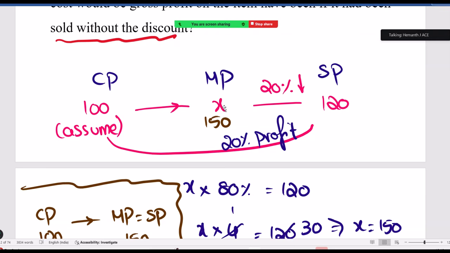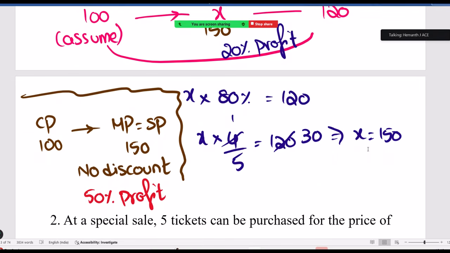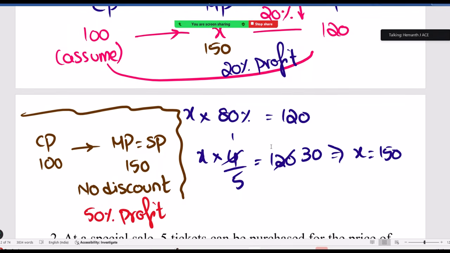Then I calculated X from the marked price, also called the labeled price. From here we give a 20% discount, then the selling price is obtained. If you check, the marked price is 150.